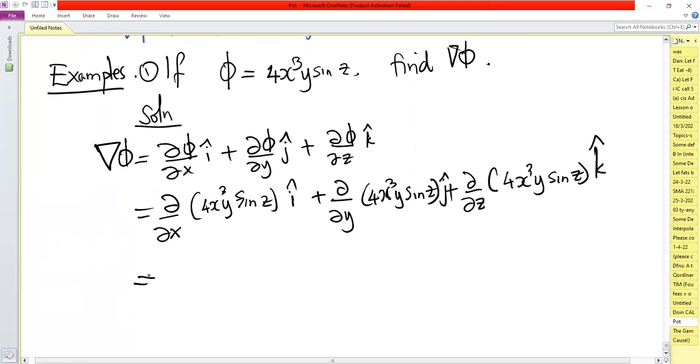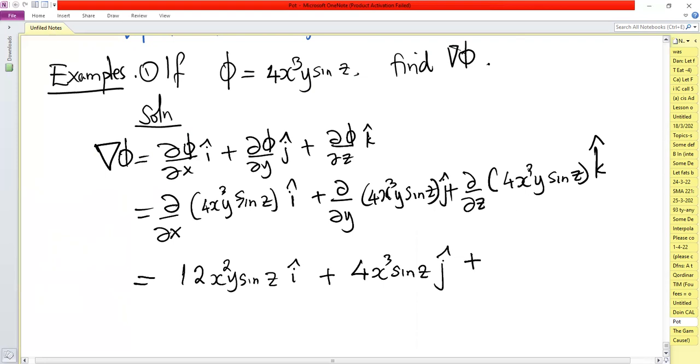Now this function differentiated partially with respect to x will give us 12x squared y sine z, i, and then plus, if we differentiate this partially with respect to y, we get 4x power 3 sine of z, j.